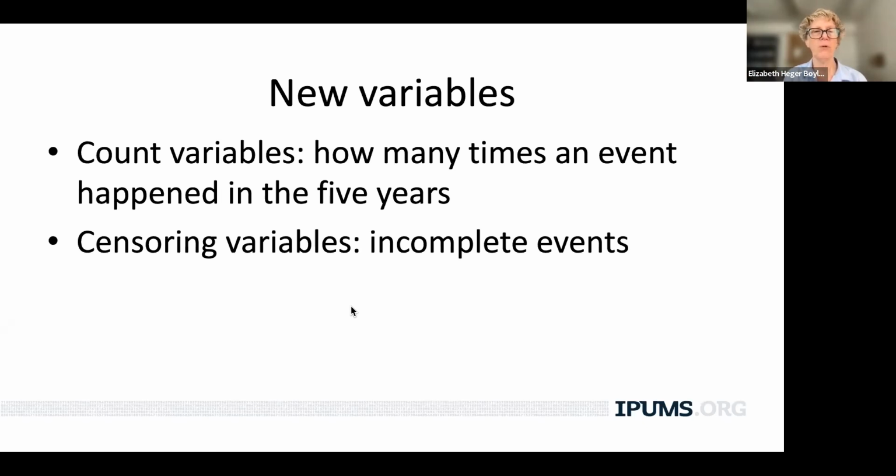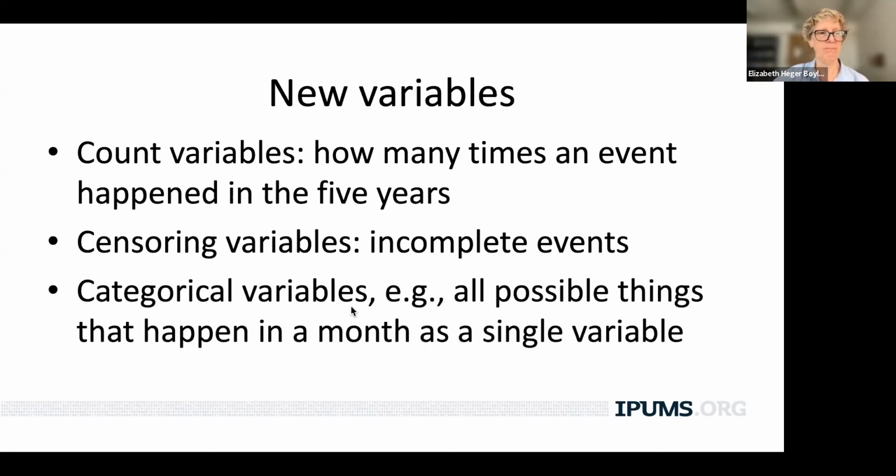A lot of people want to eliminate left censoring and right censoring cases when they're doing their analysis, and they just want to focus on those complete pregnancies. For example, perhaps pregnancies that did in fact end in a birth. And so the censoring variables make it easy for people to keep only the complete events.